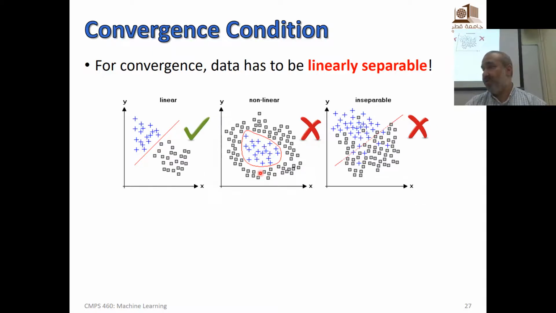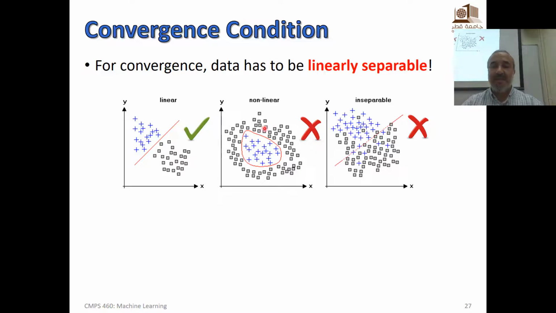You will never find it. You can find a non-linear model here, but Perceptron will not find a hyperplane because it doesn't exist in reality. For that case, it is also inseparable. There is no way to find one line that will separate the positive from negative examples. So this case is linearly separable. These two cases are linearly inseparable.